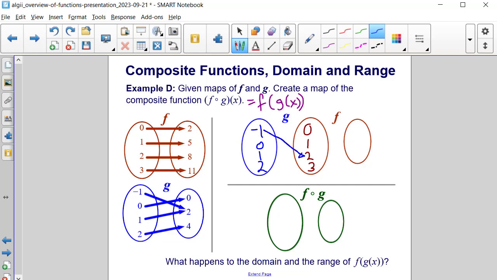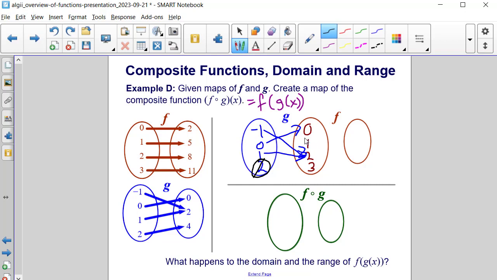That still works. 0 maps to 0. 1 maps to 2. And 2 maps to 4, but there is no 4 in the domain of f. So therefore, this 2 is excluded and no longer counts.